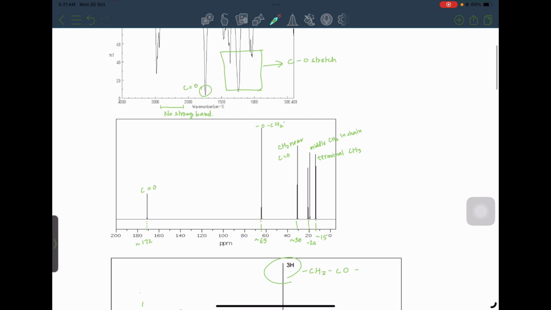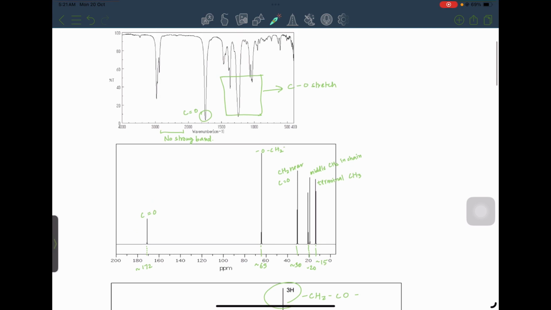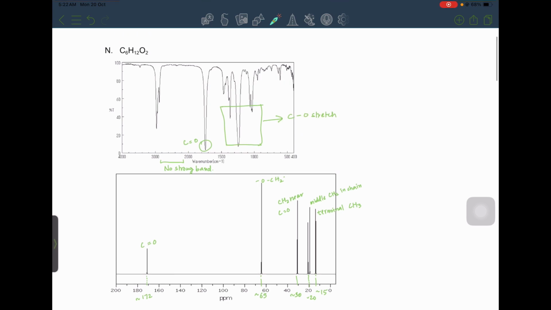There's a smaller but significant band near 1200-ish, right here. This refers to the C–O stretch, C bonded to an O. And like I said, it was a possibility to have COOH as the functional group.